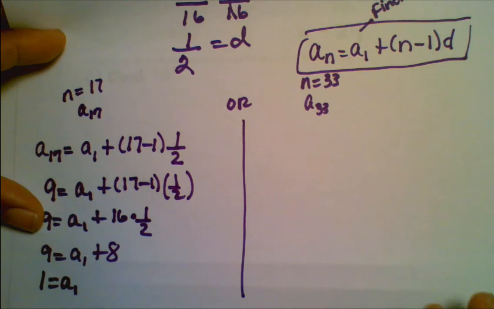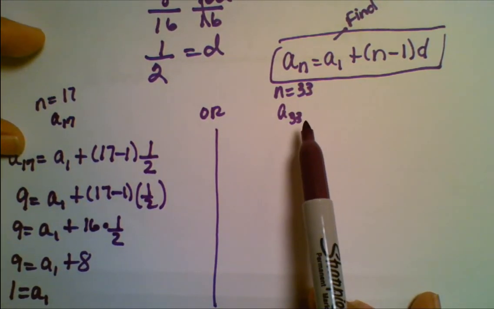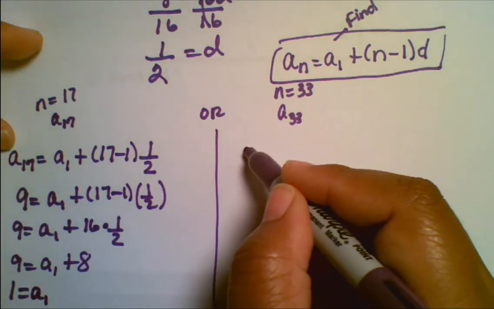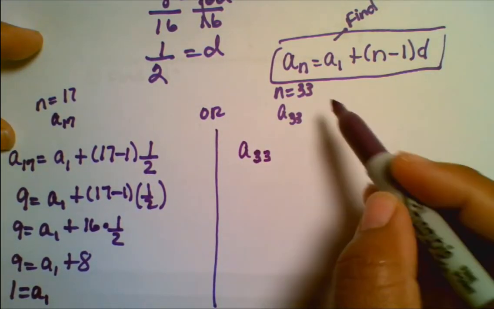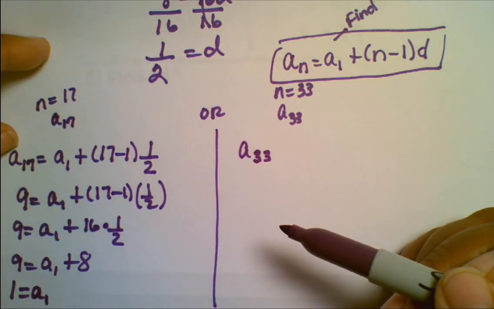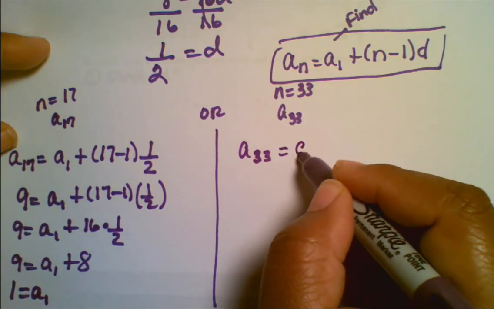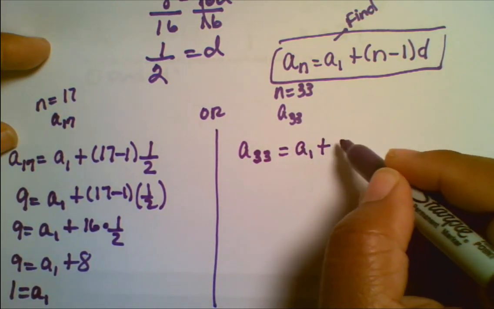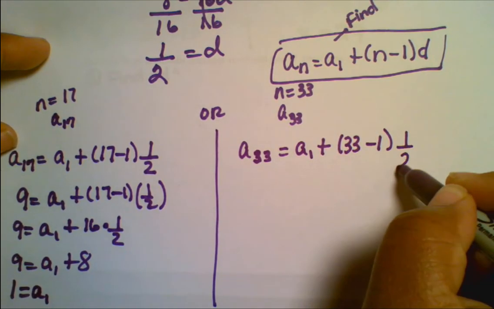Now, someone may choose 33 for n. I want to show you that we're going to end up with the same solution. So a sub 33 is equal to a sub 1 plus 33 minus 1 times 1/2.